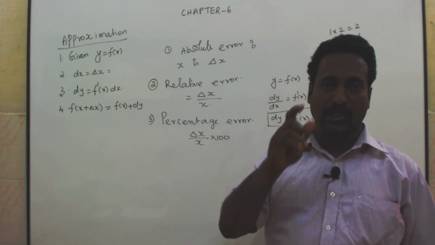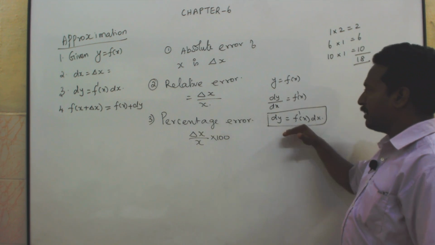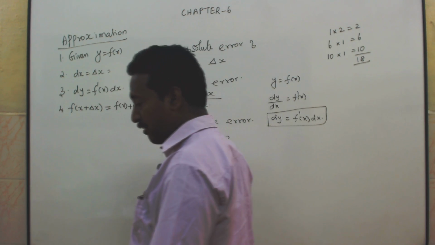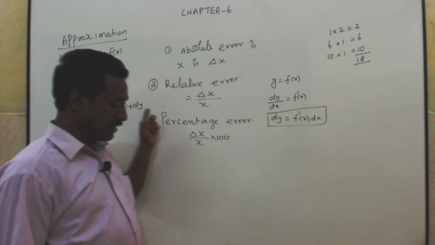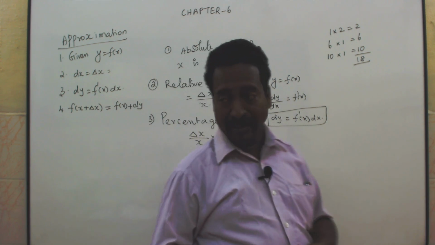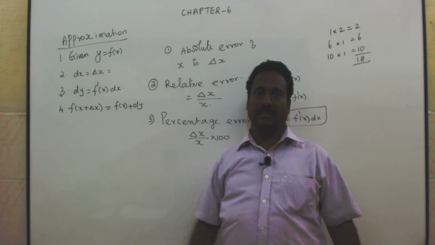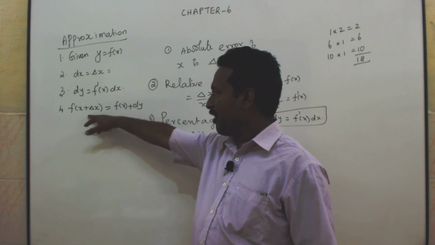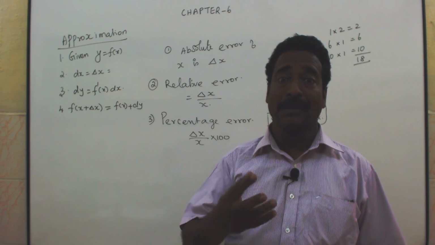You know how to calculate absolute error. Then differential is calculated with the help of the formula dy equal to f dash of x into dx. Then last one, you have to find out the approximation. The formula to find the approximation: f of x plus delta x equal to f of x plus dy.